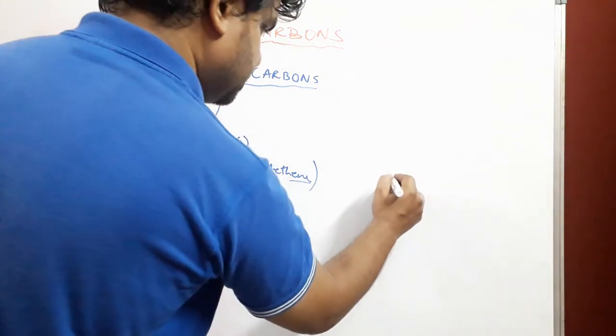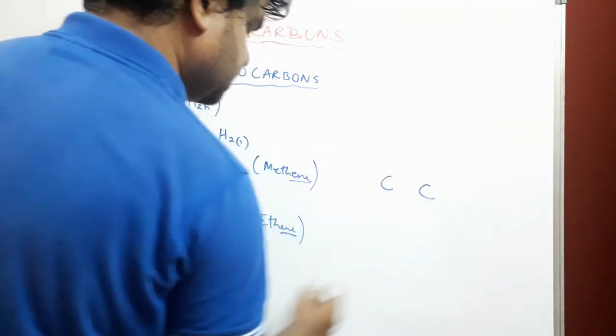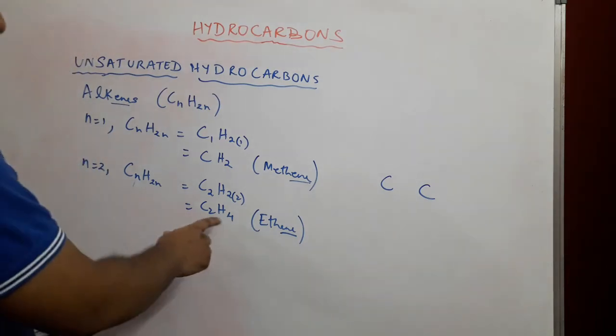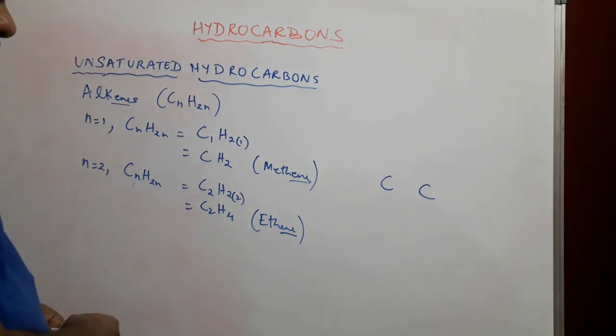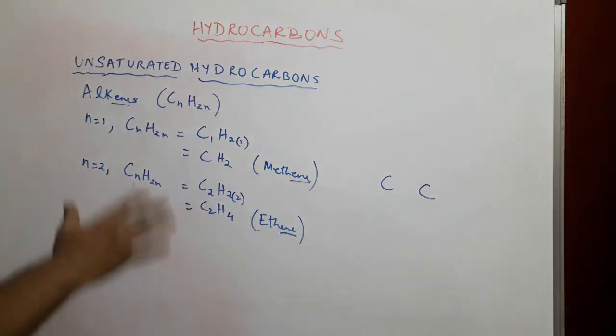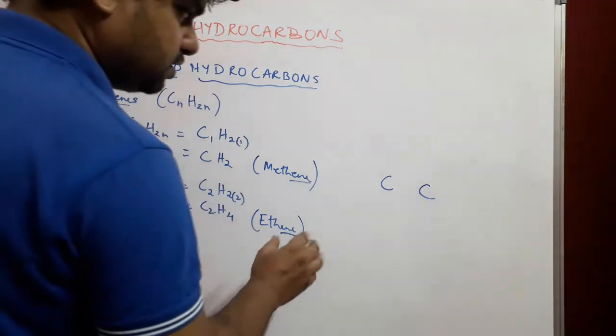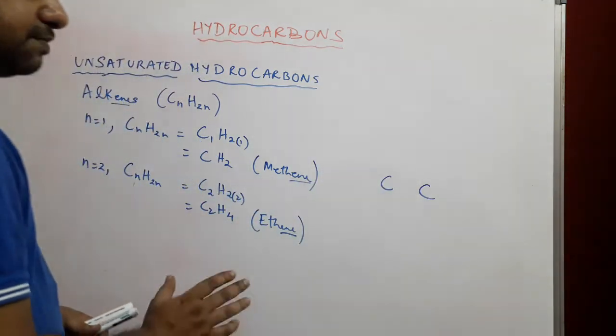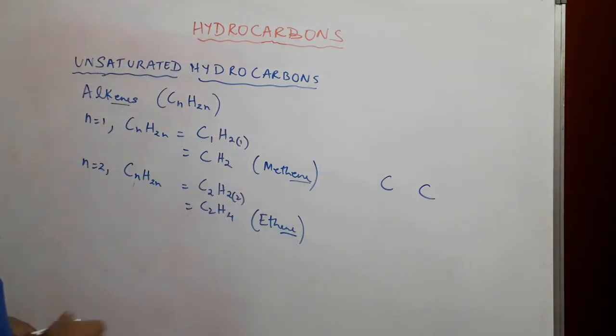So there are 2 carbon atoms here, and there are only 4 hydrogen atoms. So remember one thing, carbon needs to have 4 bonds. The reason it needs 4 bonds is because of the 4 valence electrons it possesses.